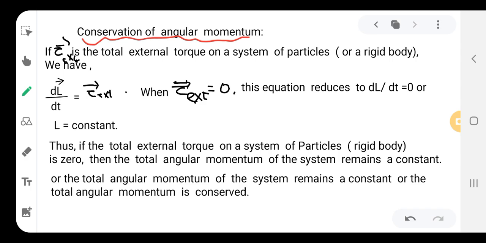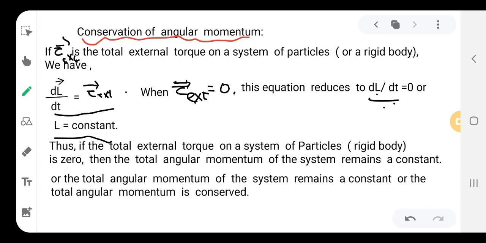We have the rate of change of angular momentum equal to tau external, which we have just derived. Then if the external torque is 0, the rate of change of angular momentum will be 0. If we integrate it, we get L equal to a constant value.